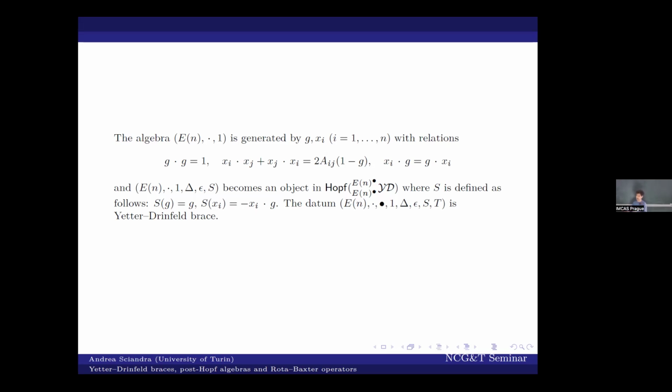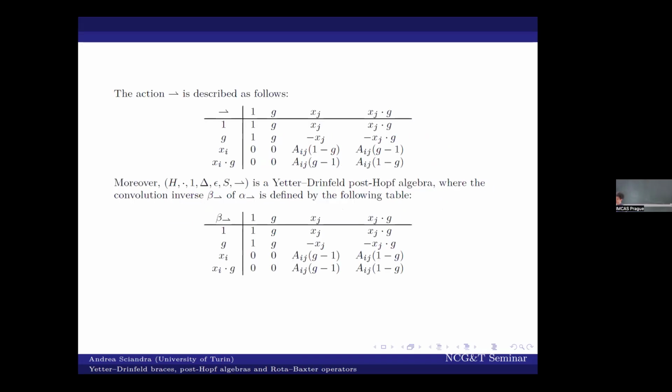So this new algebra structure with a new S defined in this way, that fixes g, while on xi it is minus xi g, gives you a Hopf algebra in the category of Drinfeld modules over the starting algebra En. And again, a Drinfeld brace. So define again an action.